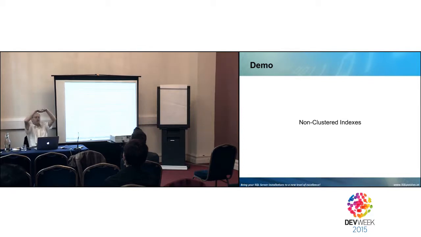20 index records means in the level below we have 20 index pages in the first intermediate level. And as you can see here, you have your index column, customer name. That's the clustered key, the primary key column on that table.